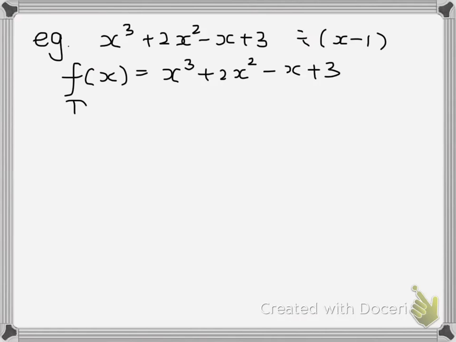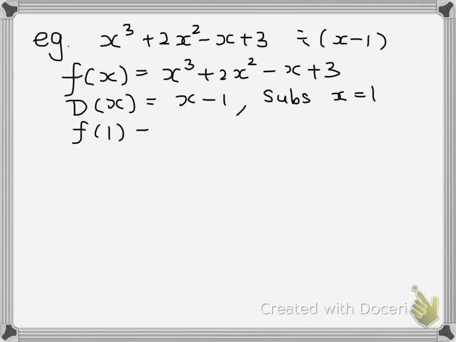So what is the divisor? It must be x minus 1, right? So what are you substituting actually? You are substituting x to be 1, isn't it? So if you substitute x equals 1, then you have f(1), which is 1 cubed plus 2 times 1 squared minus 1 plus 3.